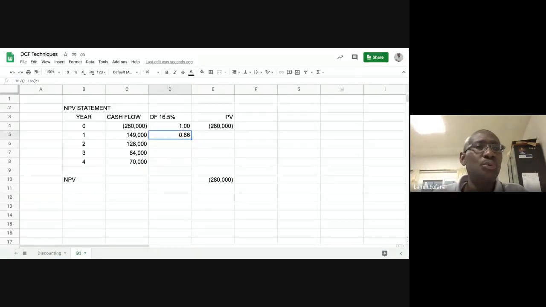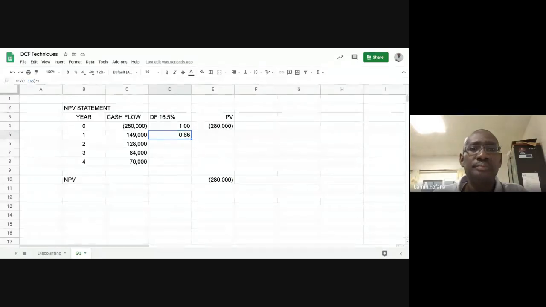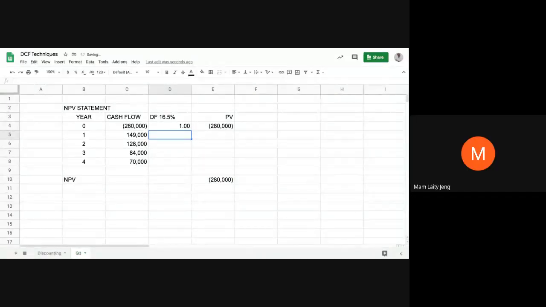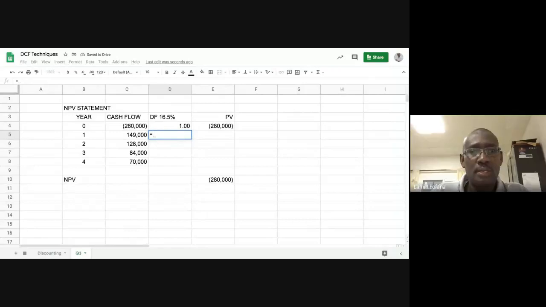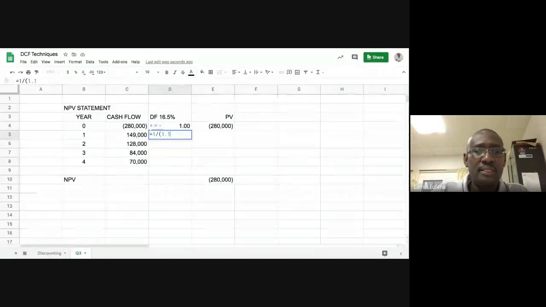Okay, what about year 2? 0.74. Okay, equals 1 divided by, I want to use the years as they are on it, 1 divided by 1.165 raised to power 1.